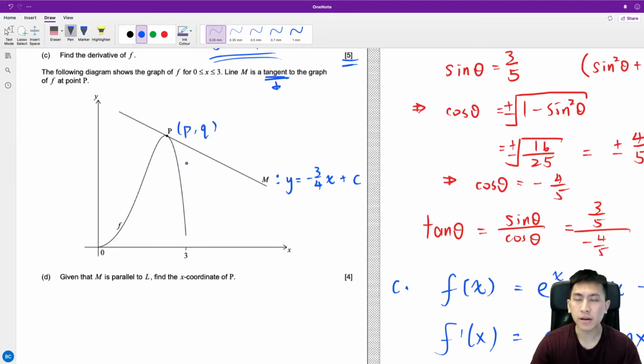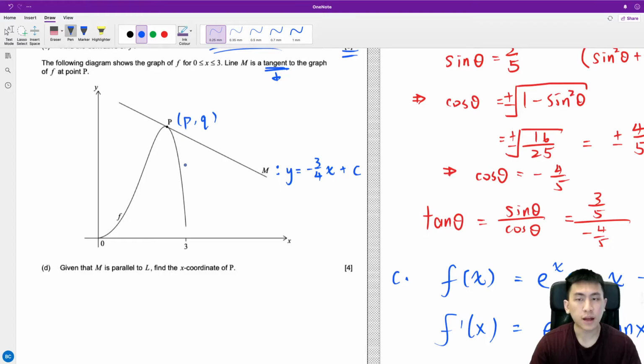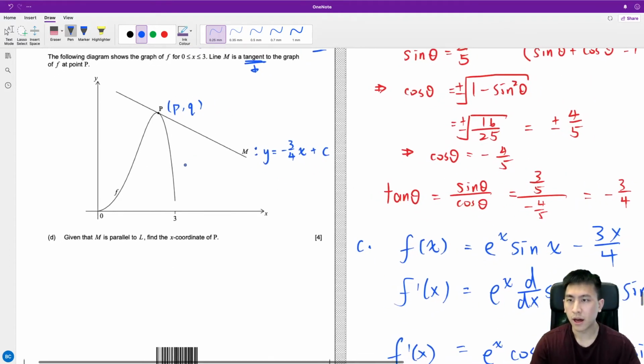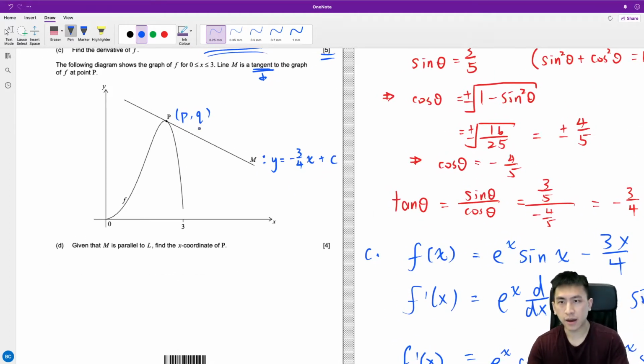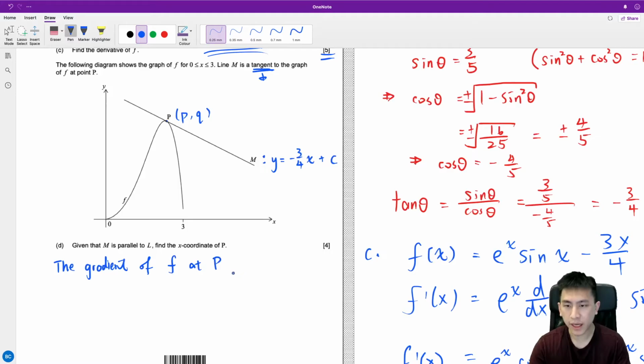So what happened here is that, let me zoom out a little bit. The clue that you're given is that the gradient of the curve of f at the point P is minus 3/4.